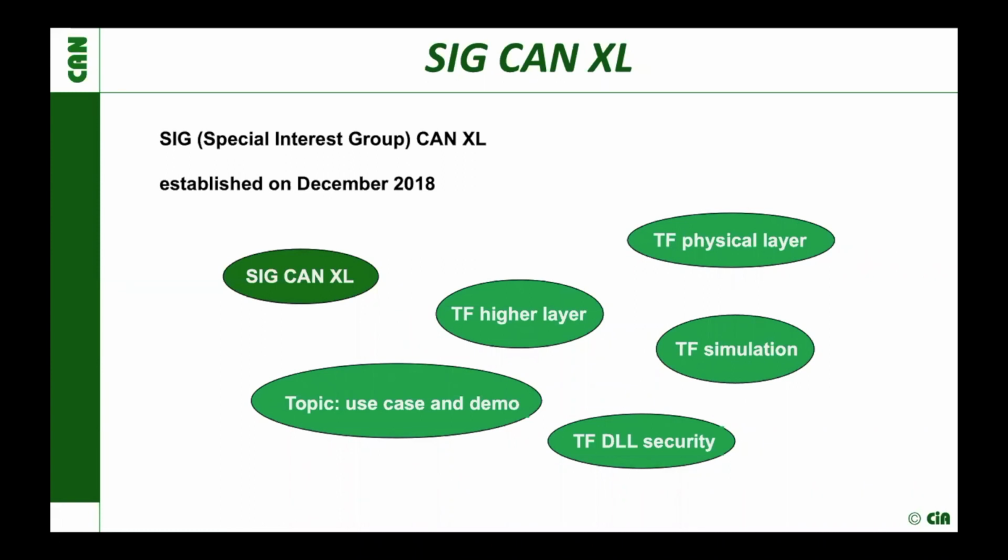Relevant topics are discussed in the respective task forces. In the whole group, the special interest group CAN-XL, the experts are discussing the protocol and the conformance test plan for the protocol.